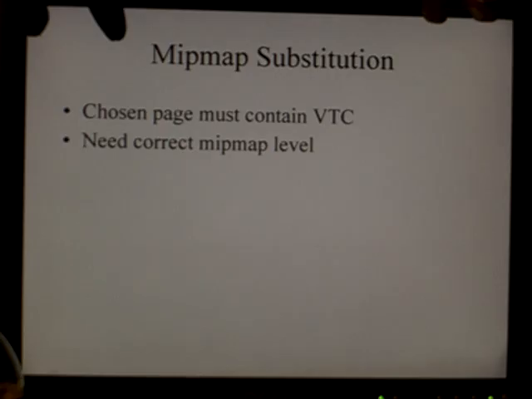The reason we can make it work is as long as we know what Mipmap level the page entry that we just loaded refers to, what Mipmap level that physical page represents, then we can do the correct scaling to compute the offset within that page. So as long as we know the Mipmap level that we need to scale the page that way, we can make any MIPed page that we happen to load work.